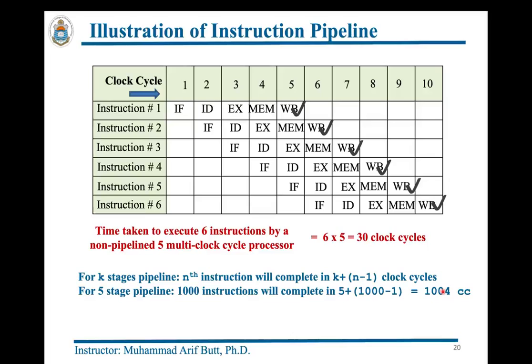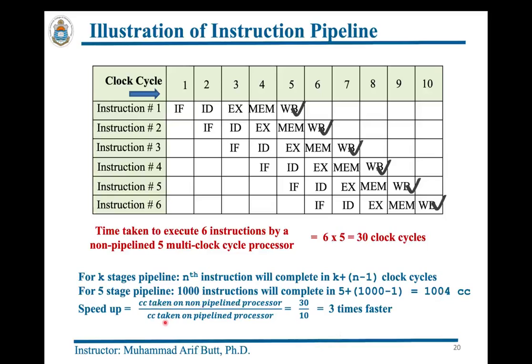My dear students, if you want to calculate the speed up achieved on a pipeline processor, you can use this formula. Clock cycles taken on a non-pipeline processor divided by clock cycles taken on a pipeline processor. This was 30 and this is 10. So after this pipelining, the speed up that is achieved is 3 times.